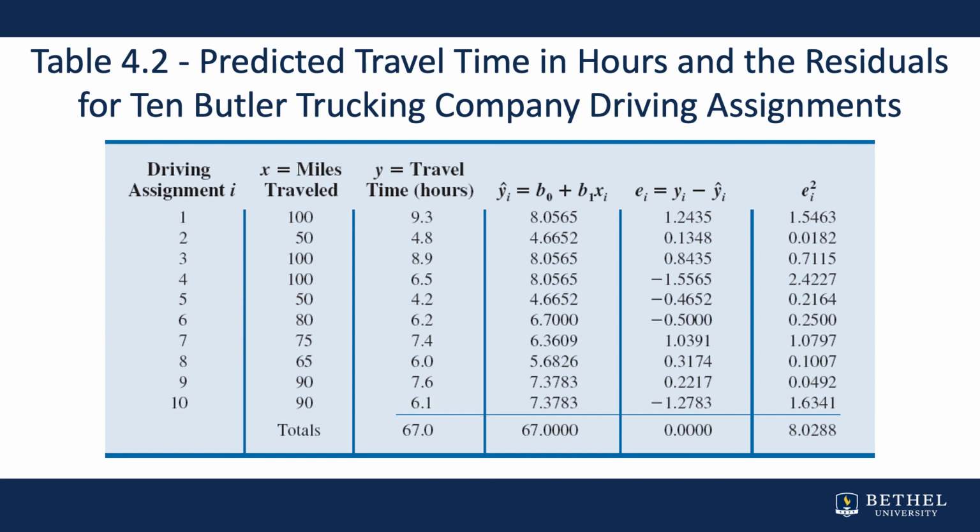That's how much error is in the estimate. If you look at driving assignment 5, you'll see 0.2164. That's how much error is in the estimate versus the actual data that we have at that point.